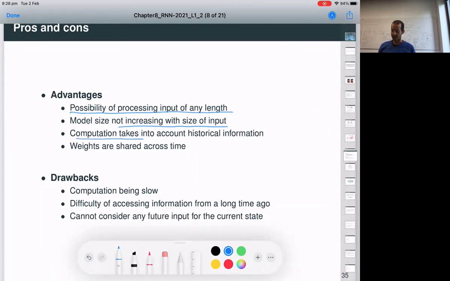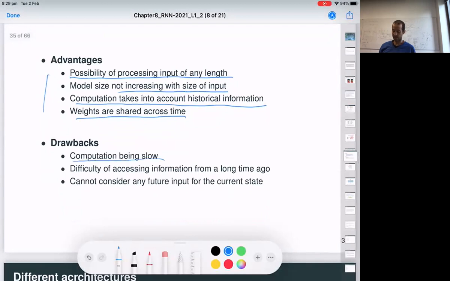The computation takes into account historical information due to the recurrence. The weights are shared across time, so it's the same weights used across time. So this is great, all these good advantages. Drawbacks: we have seen computation could be very slow, and the main one is the difficulty to get information from a long time ago.